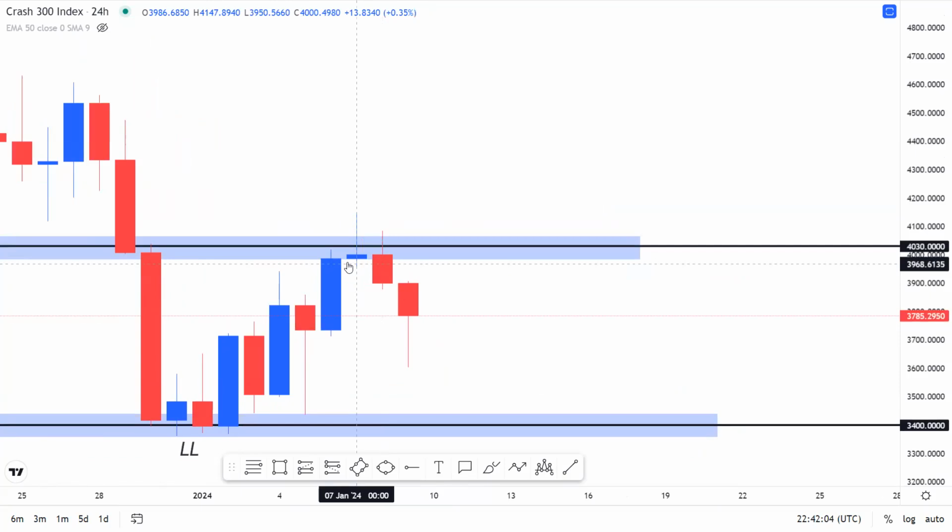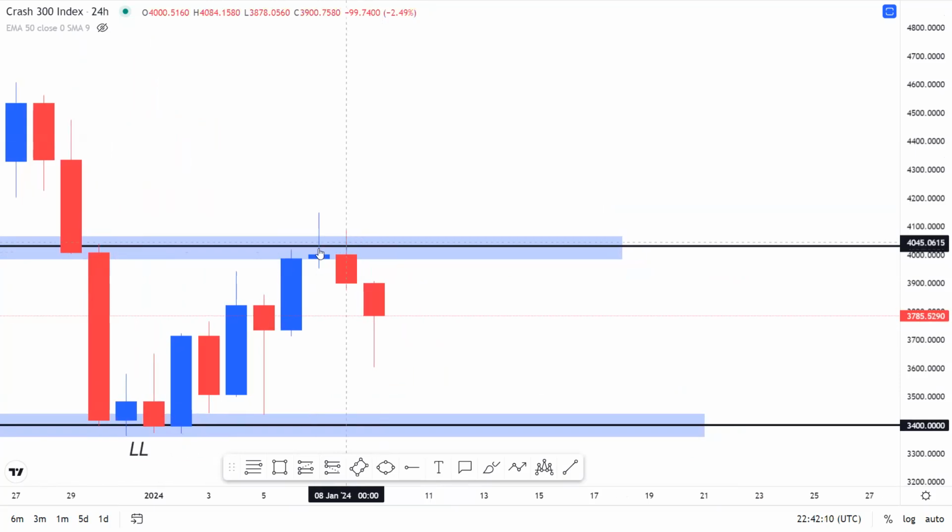But what this tells us for a fact is that the buyers were trying to push price above the level, and they succeeded in pushing price all the way to these highs right about here. And then because this is very much a seller's zone, there are sellers very present at this level, readily waiting to short price from this level.